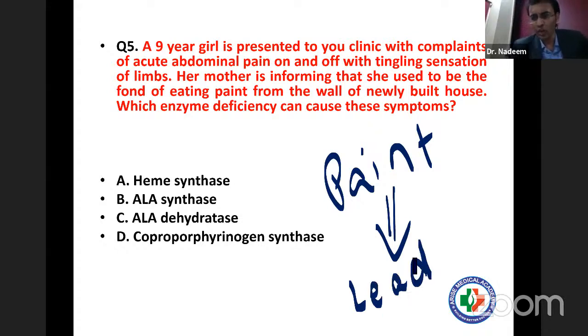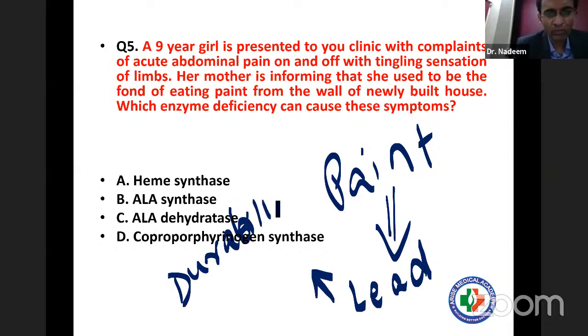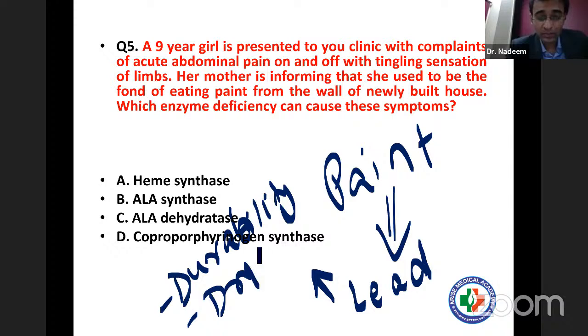Lead. So the question is, why is lead added in wall paint? Why is lead an essential component of wall paint? Because it is going to increase the durability, and it is going to accelerate the drying of paint.